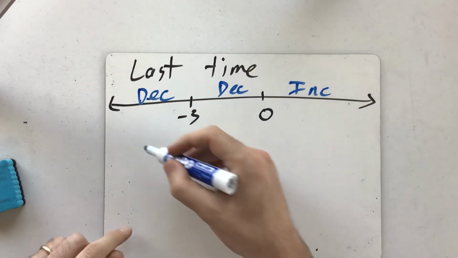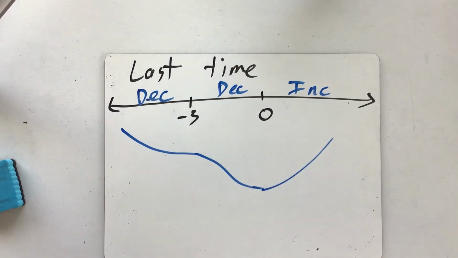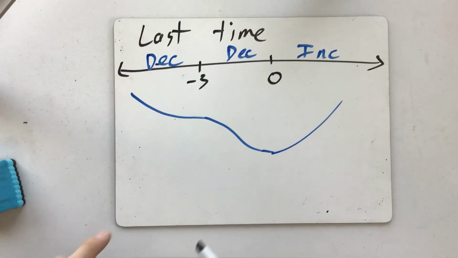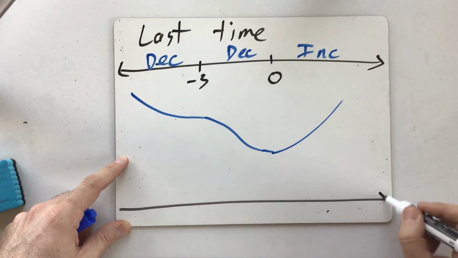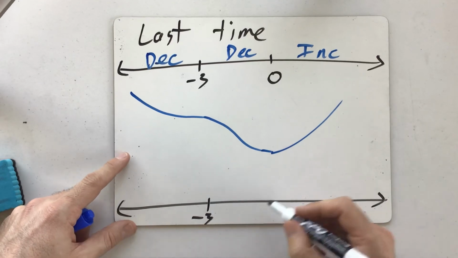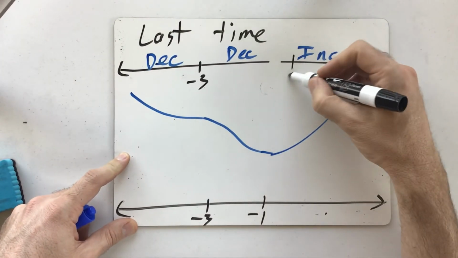So what did that mean for our graph? It meant that we were going down, and going up. So we had some picture of what our graph was doing. But now what we can do is take that exact same picture and make it look even better. Because what we know is that from -3 to -1, tell you what, let's move the 0 over here.